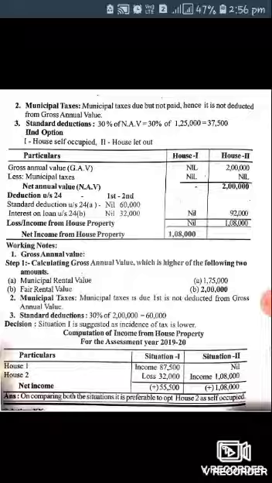Loss from house 2 is 32,000. In situation 2, the income from house 1 is nil, and from house 2 is 1,88,000. Comparing both situations, it is preferable to opt for house 2 as self-occupied, because otherwise the income is higher, so he has to pay more tax.